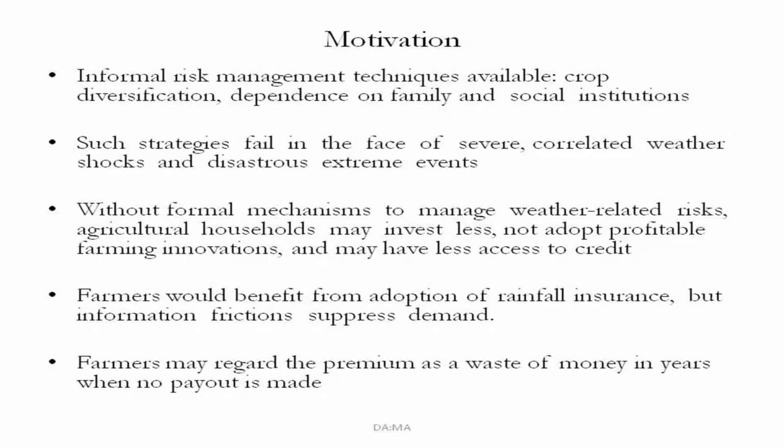Sometimes they depend on social institutions. Once again, that could mean the credit network given not only by your family, friends and relatives, but also by money lenders in the villages and so on. So, typically in the absence of formal credit markets and formal ways of coping with risk, people fall back on these informal mechanisms to cope with risk.